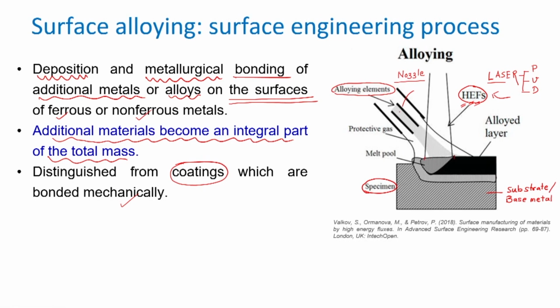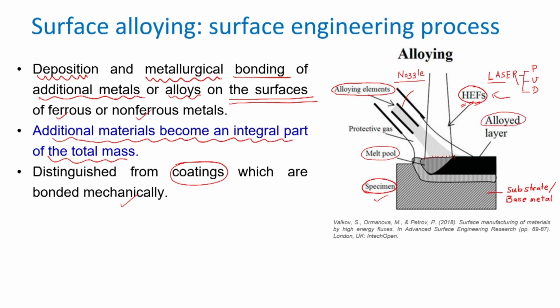Here the alloying element will come, the laser will melt that alloying element, it will also melt the specimen, and there is a formation of melt pool. The melt pool is formed, and as the laser is passed over, then we are getting the alloyed layer.